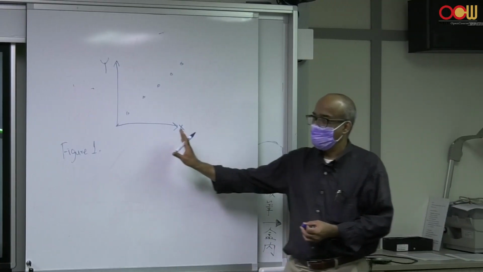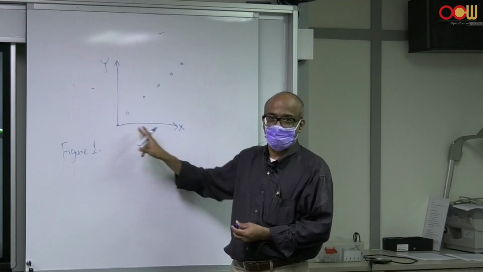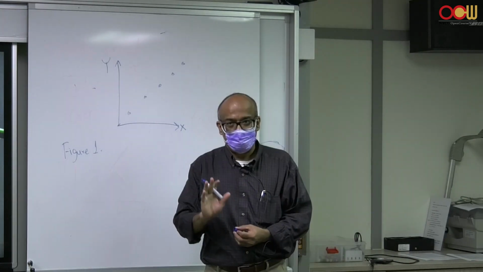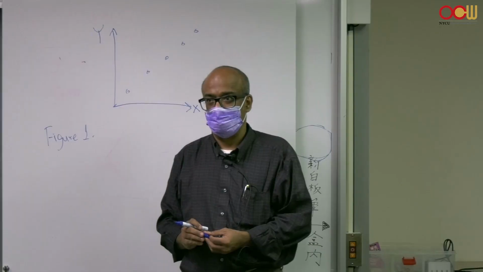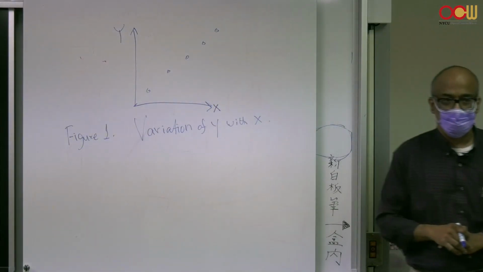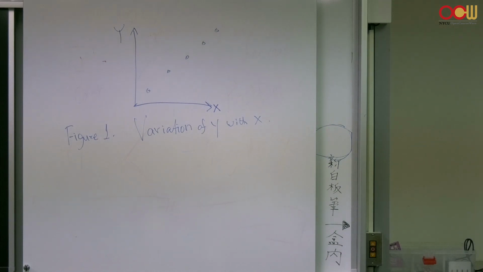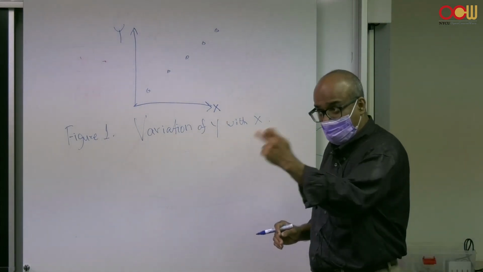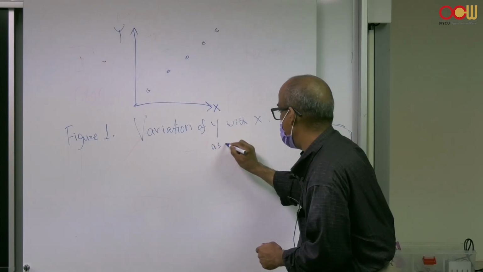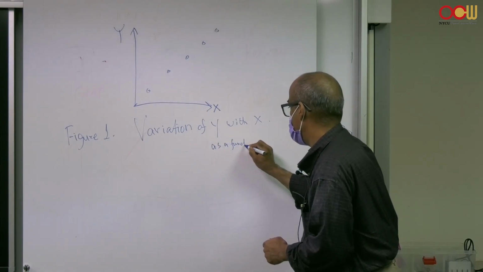It's a very simple thing. This axis is x and that is y. Plot. What is a plot? But you have to think what you mean by a plot. So I start with a very simple one. This is simple. Variation of y with x. Sometimes we say as a function of x.